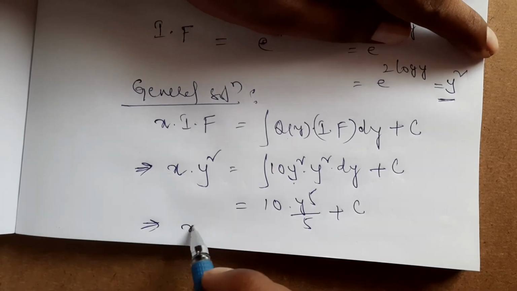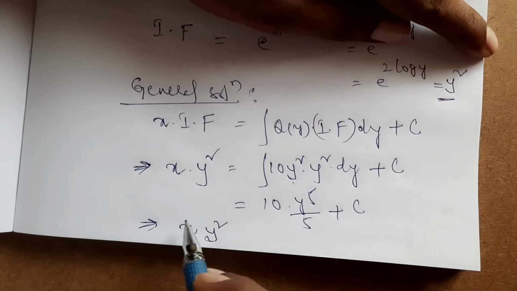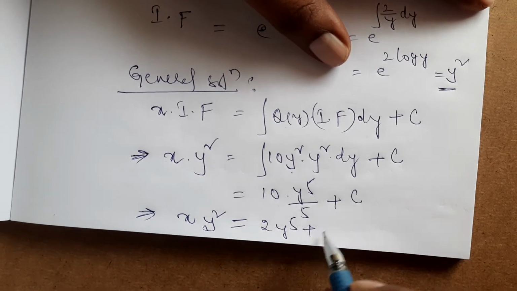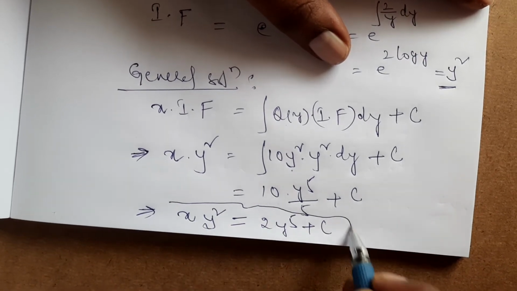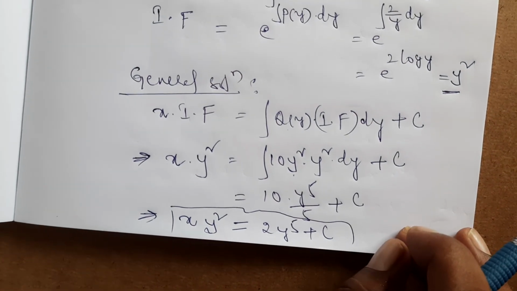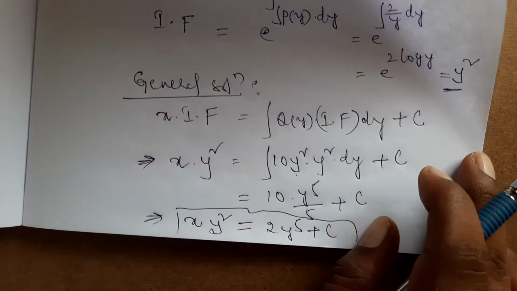If you simplify, the general solution is given by xy square equal to 2y power 5 plus c. So this is the general solution for the linear differential equation of first order in the variable x.